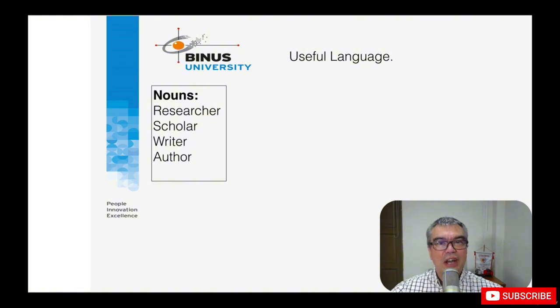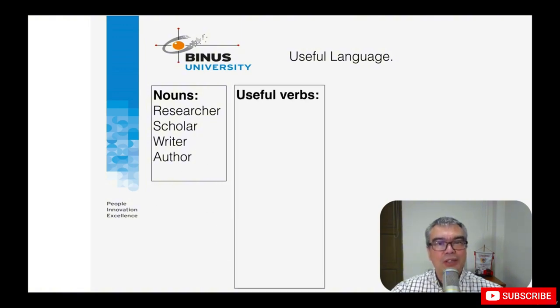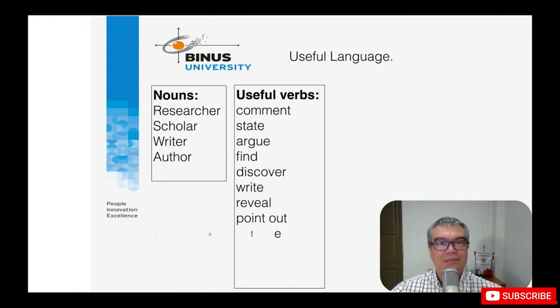The second area, which is used quite a lot, are useful verbs. And here's a nice list for you. We have comment, state, argue, find, discover, write, reveal, point out, indicate, report, conclude, claim.